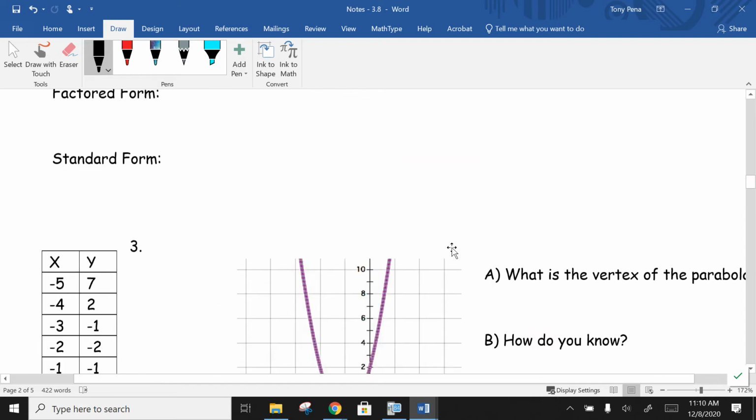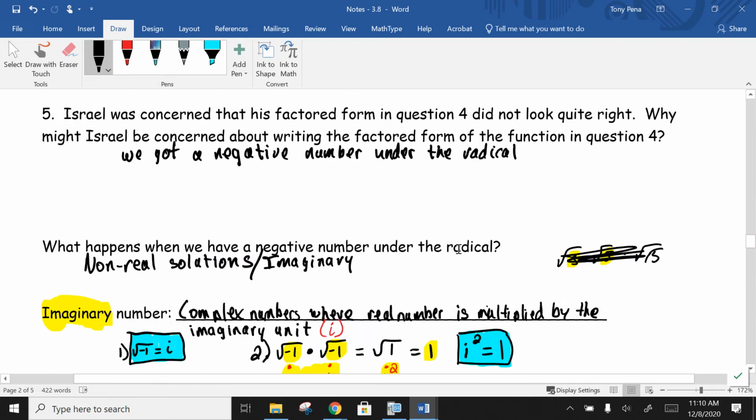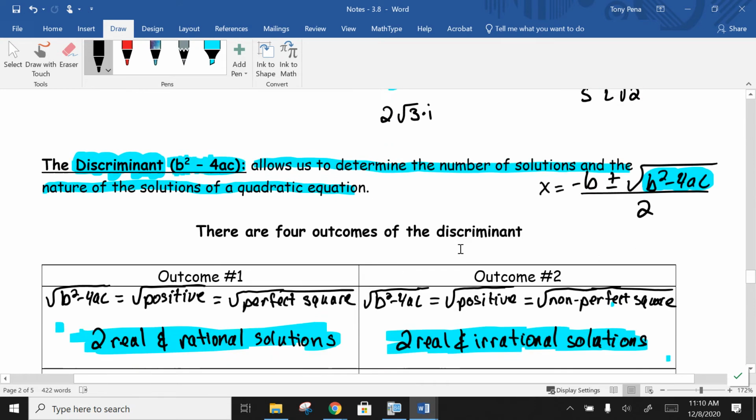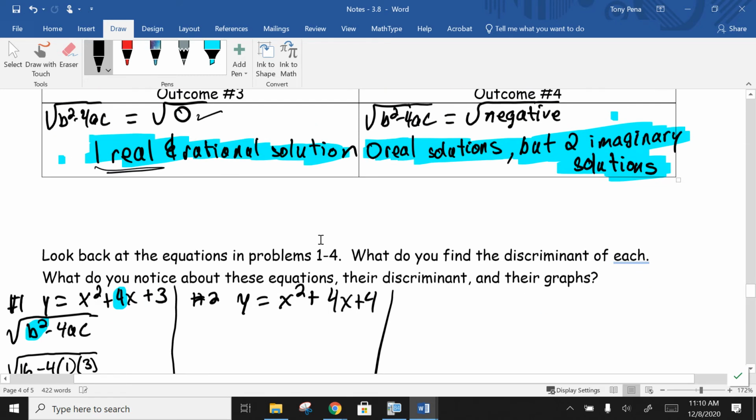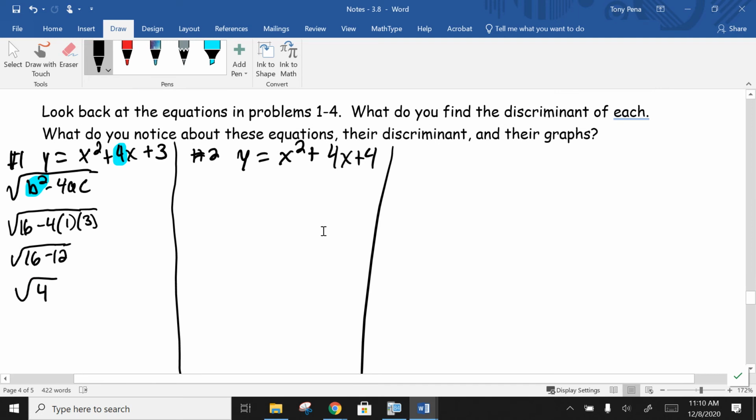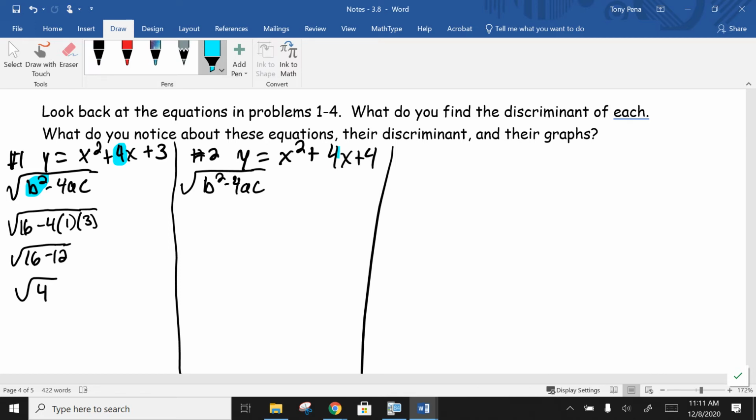So if we now do the quadratic formula with this, so here's our equation. Notice how we're only going to get one real solution if we get a 0 underneath our radical. So now watch what happens when we set this up. If I set up my discriminant, b squared minus 4ac, our b is once again going to be this 4.